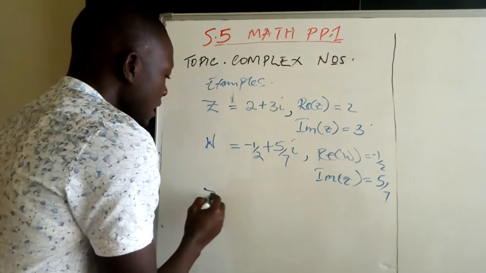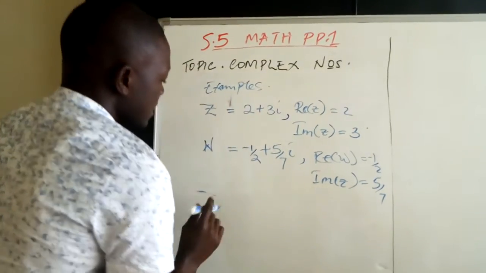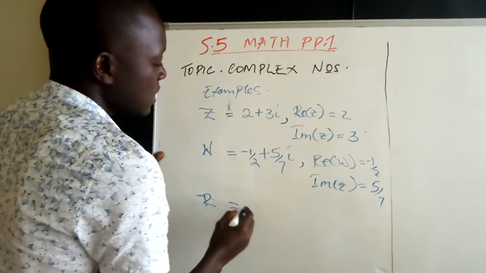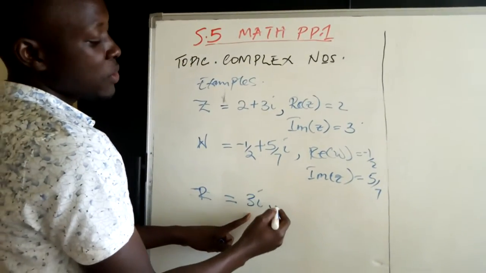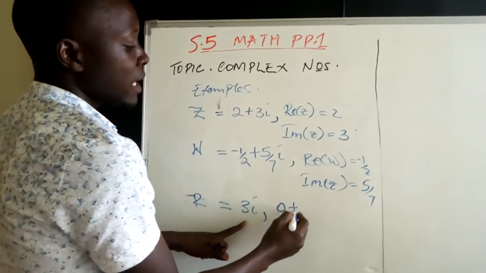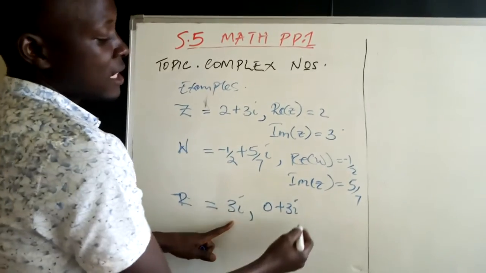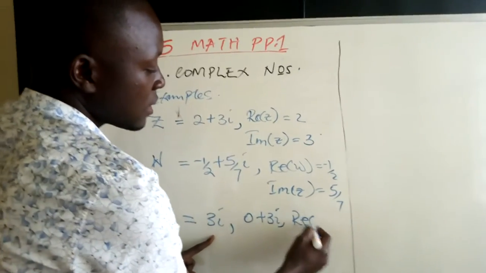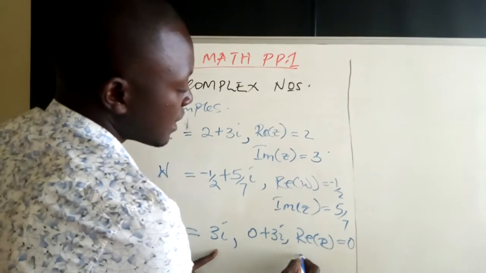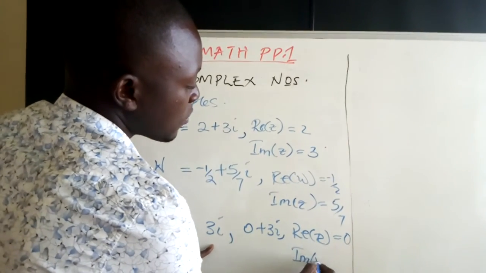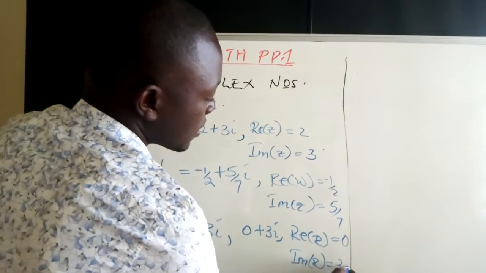You can have another one, say r, which is 3i. This can be written as 0 plus 3i. Here, the real part of r is 0, and the imaginary part of r is 3.